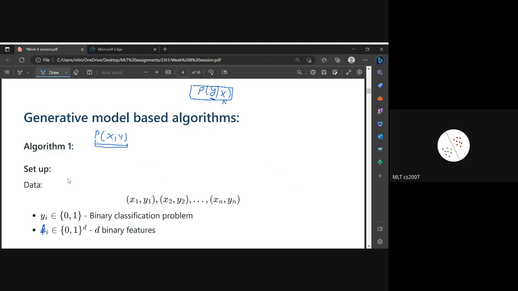Here I'm taking xi from {0,1} to the power d, in the d-dimensional space, right? So every feature takes only two values, 0 or 1, and the labels are again 0 and 1. This is the setup, and we can extend it to more than two values for features and for the classes as well.